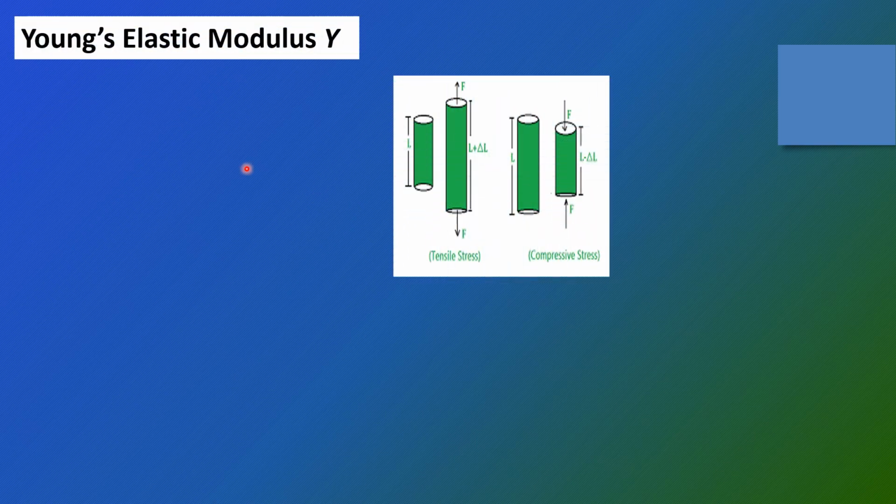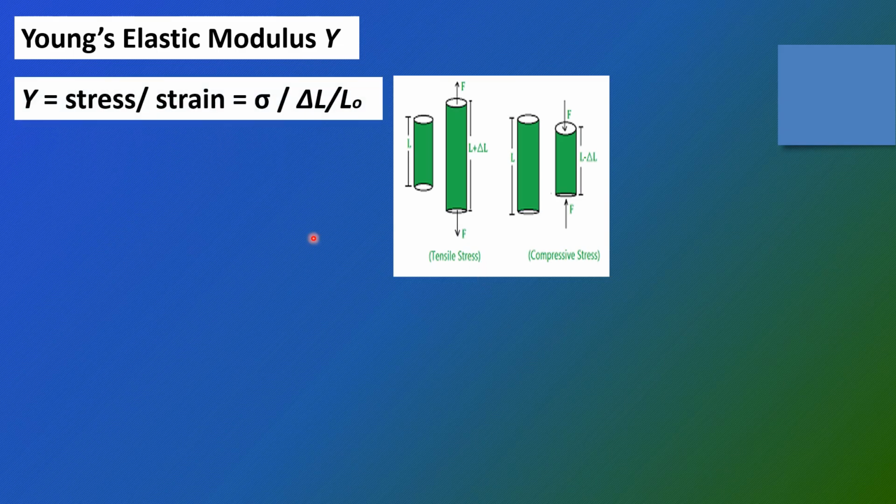A very important elastic property of all solid materials is known as Young's elastic modulus, labeled here by capital letter Y. So, when you say Young's elastic modulus, we are just expressing the ratio of the amount of stress over the amount of strain. Okay?